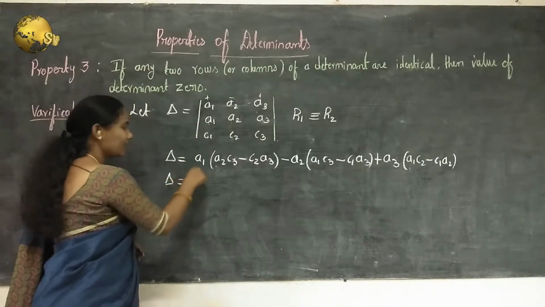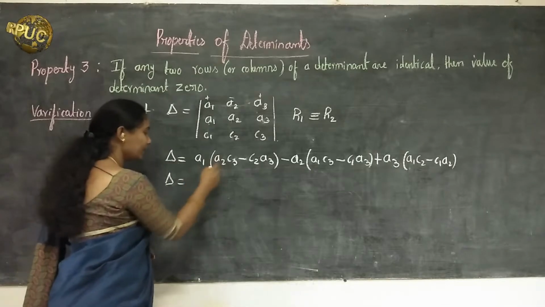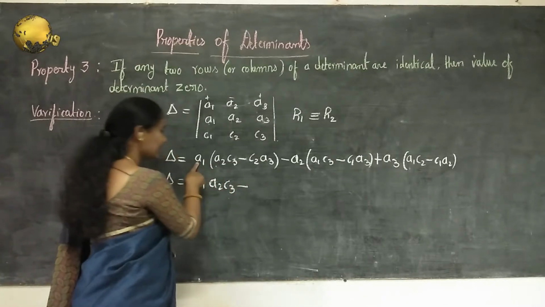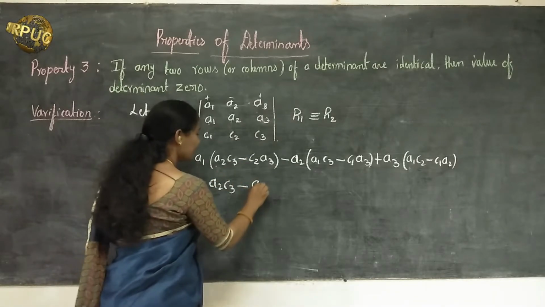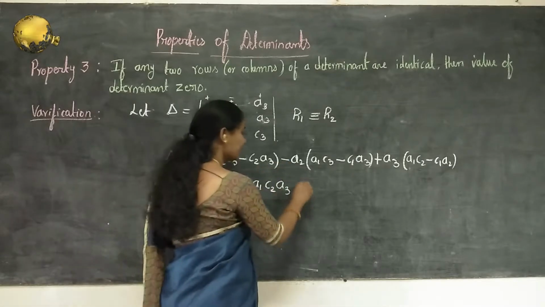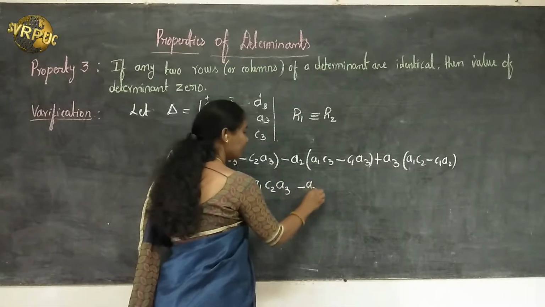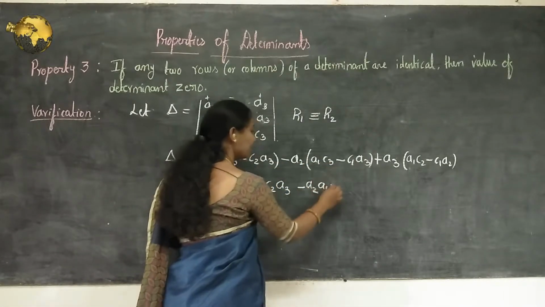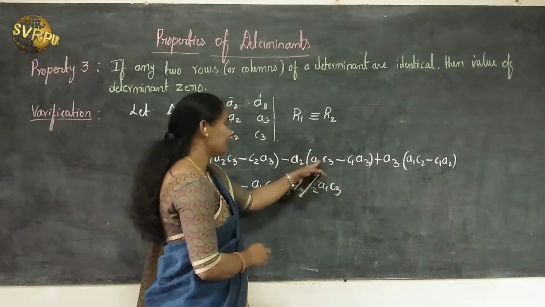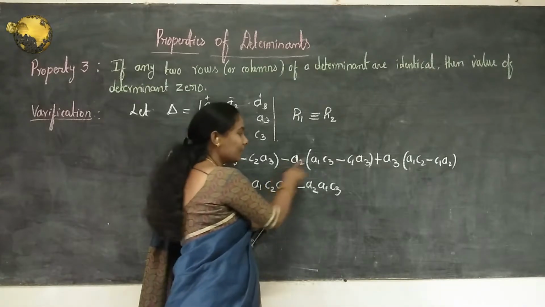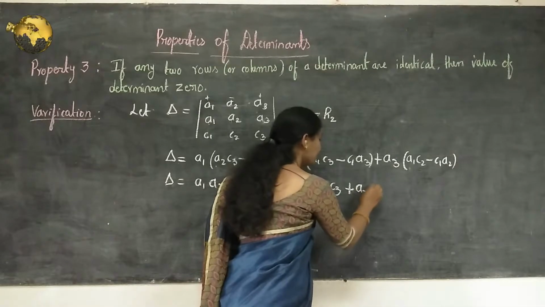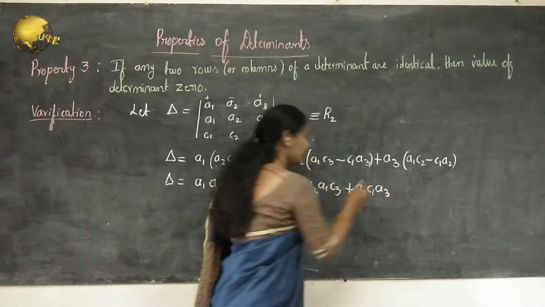Now let me multiply each element. A1 A2 C3 minus A1 C2 A3. Next minus A2 into A1 C3, and minus into minus gives plus A2 C1 A3.